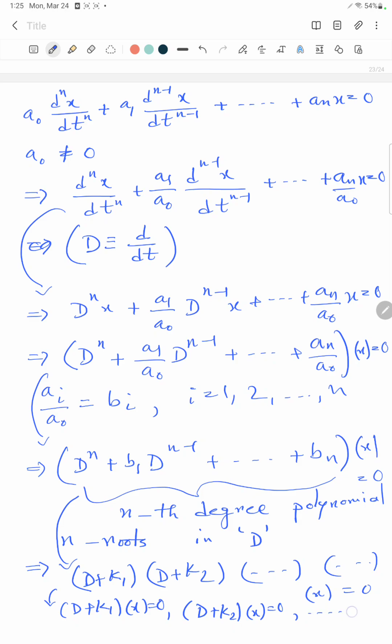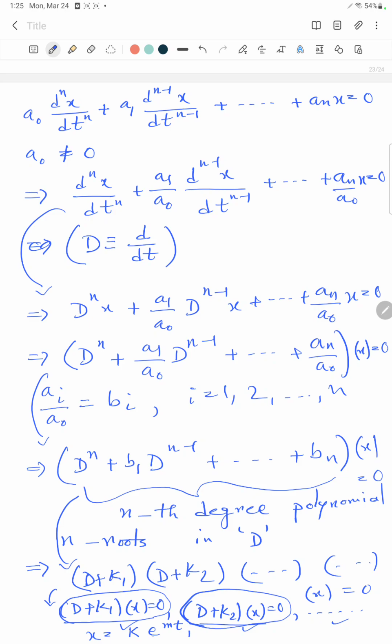You can recognize these n equations as first order linear differential equations with constant coefficient. Since these are first order linear differential equations with constant coefficient, we can guarantee that they will have a solution like x equal to some constant into e to the power mt.